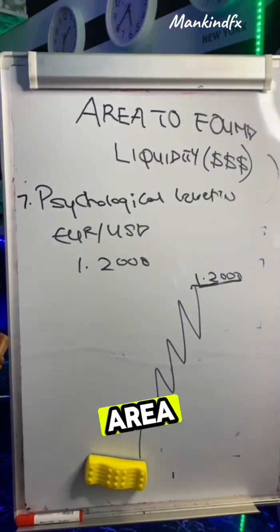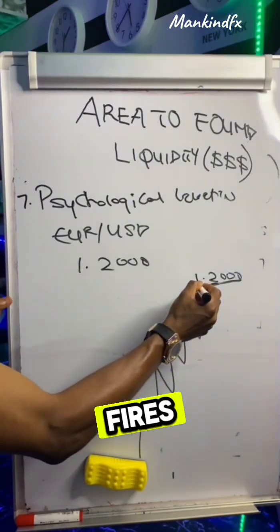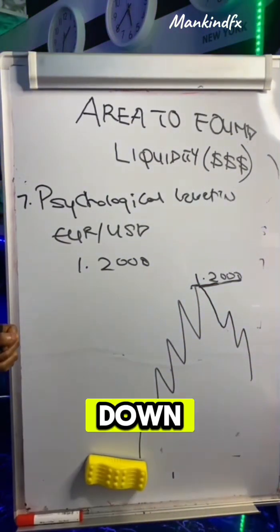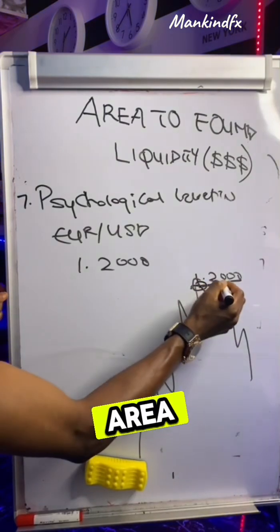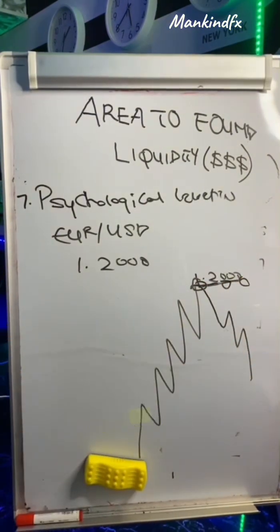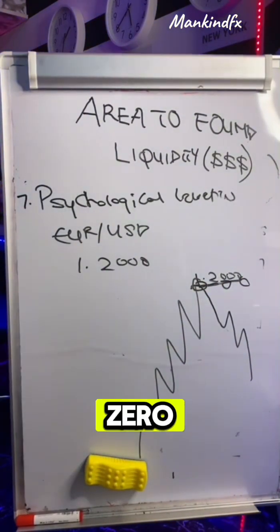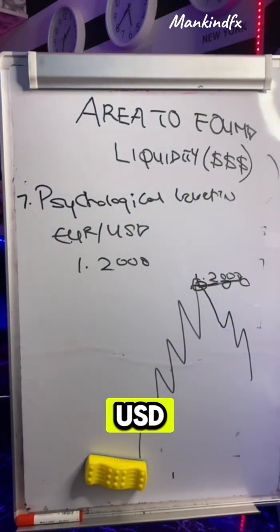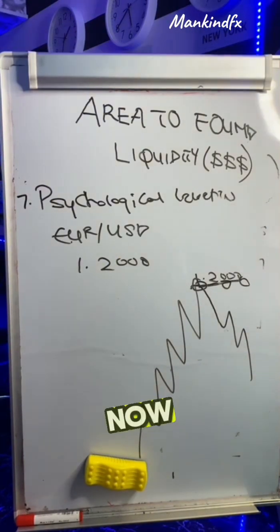Price will definitely start coming down from there. So this area is your area of liquidity in terms of psychological level. So 1.2000 is your area of liquidity in EURUSD. So guys, that's it, and bye for now.